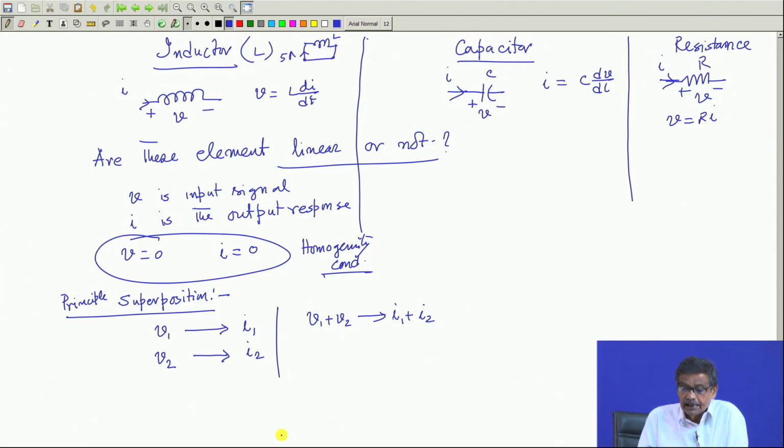If this is true, then I will say inductor is a linear device.